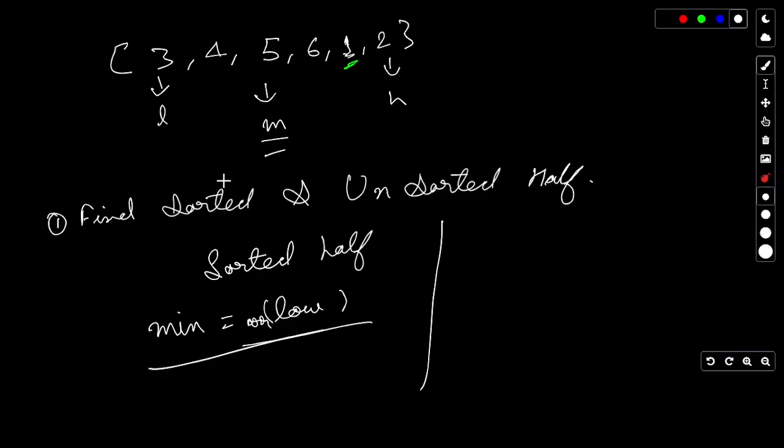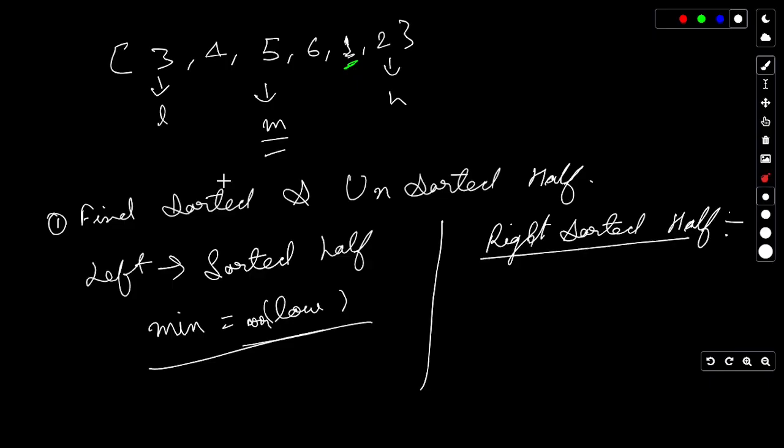We will find the minimum element at ARR of low if it is the left sorted half. But if the right half of the array is sorted, then the minimum element would be ARR of mid.